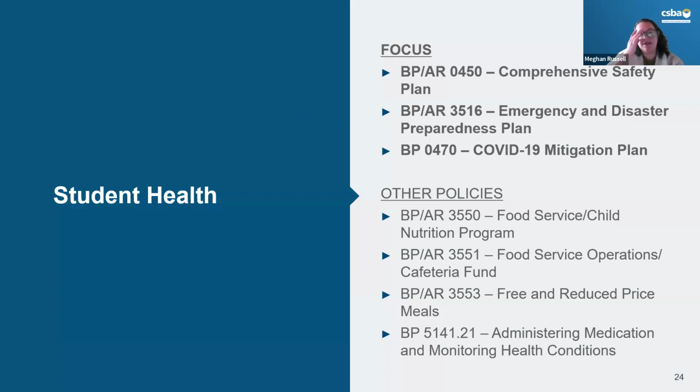I'll briefly discuss the other policies on this slide. But as a reminder, all of the slides will be made available after the webinar for your reference. So if I go through the last half of these slides fairly quickly, please just know that you can always return back to this presentation. It'll be recorded, and then we'll also be sending out the slides as well. So next slide, please.